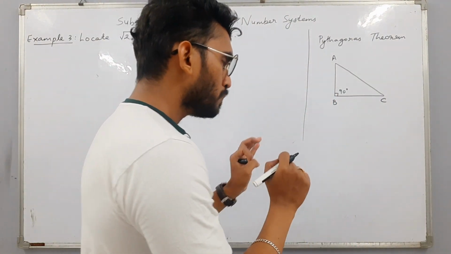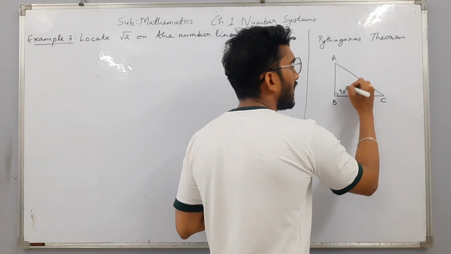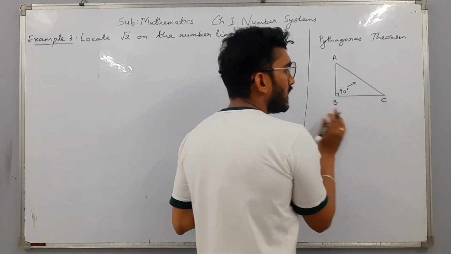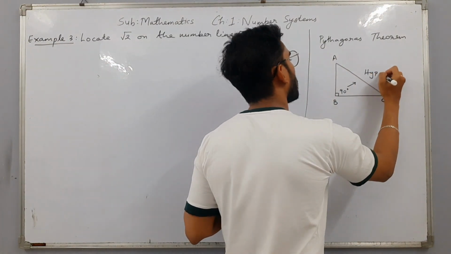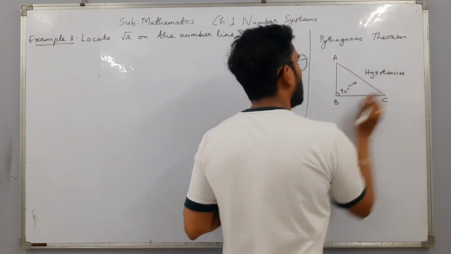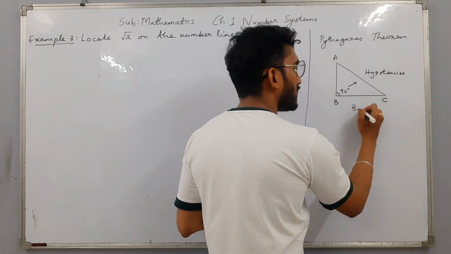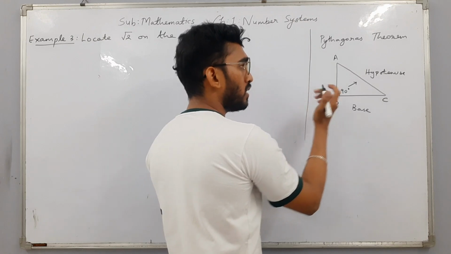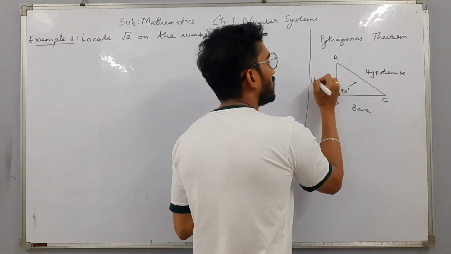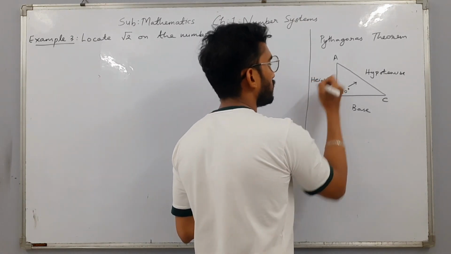Now the side opposite to 90 degree, it is called what? Hypotenuse. This will be called what? Base. This will be called what? Base of the triangle, and this particular vertical line will be called what?